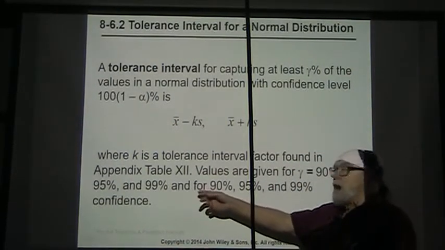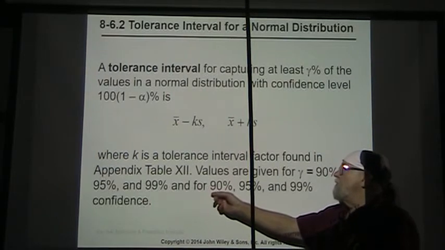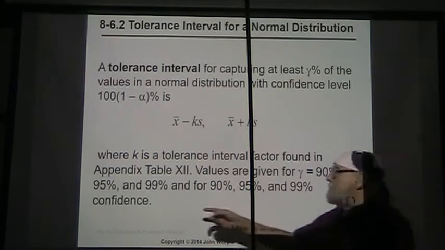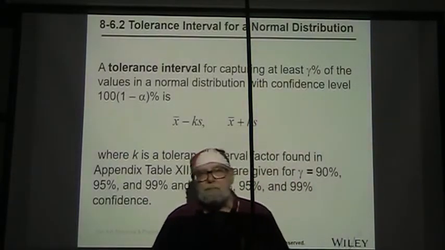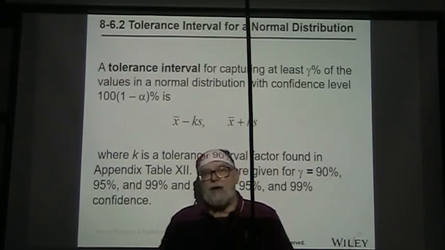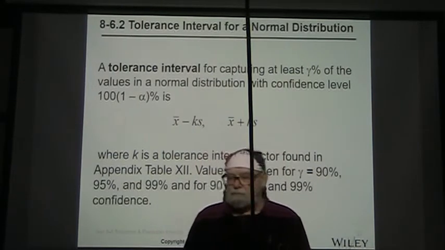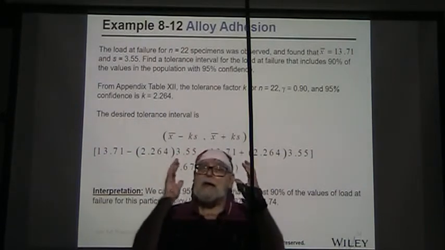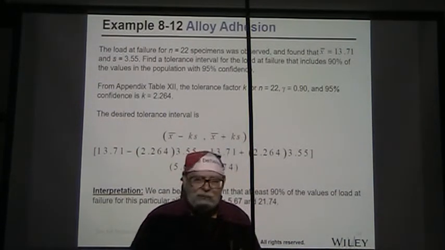And under each of those, for 90%, 95%, and 99% confidence. All right, I'm going to show you the table and how that works in a minute. But first we'll look at an exciting example.